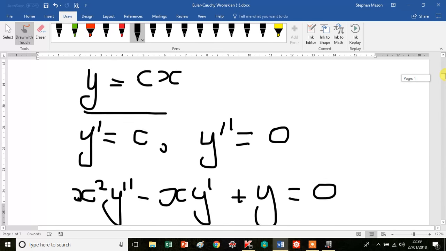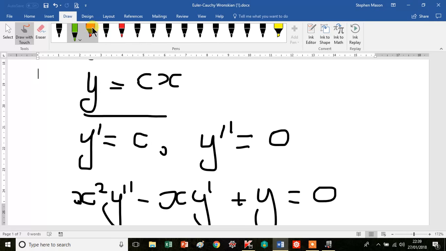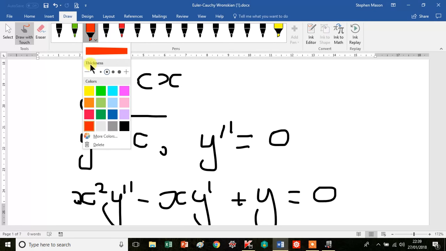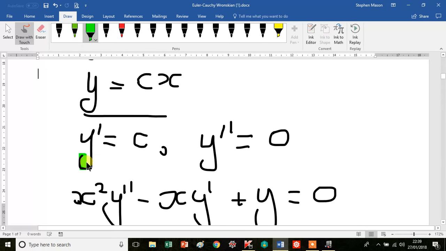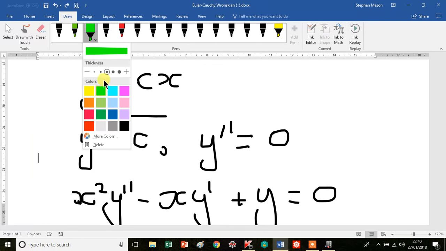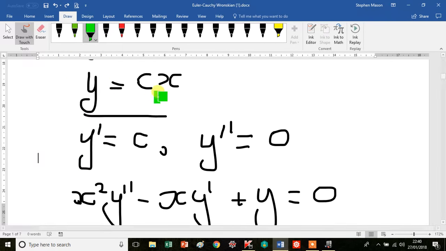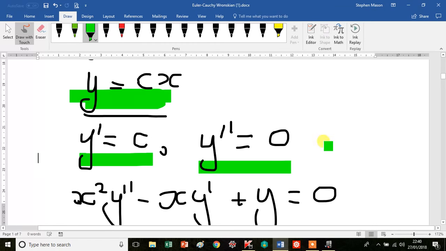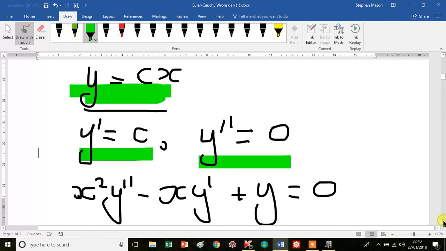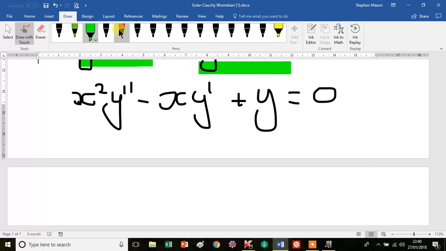So if we substitute, I'm going to use a different color here. If we substitute the y equals cx in, the y prime equals c, and the y double prime equals 0 in, we can soon find out what we get.